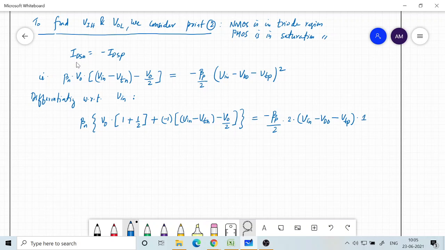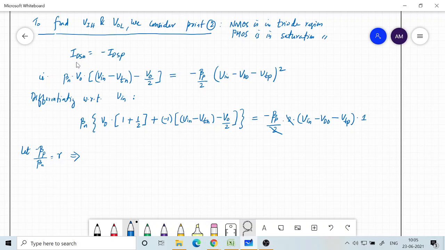Okay. Alright, so you can cancel these like before. We can take beta n to the other side and define beta p by beta n is equal to R. So that will give you now 1 plus half, that is 3 by 2, and there is also a V0 here, that is plus half.